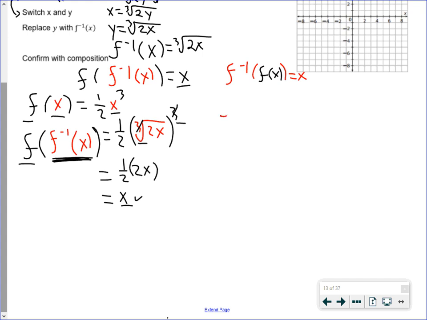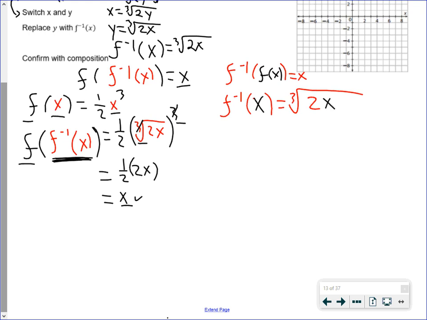In this part, we want the inverse function. We want to write this in terms of f of x. So the inverse function is f inverse of x, and that's going to give us the cube root of 2 times x.